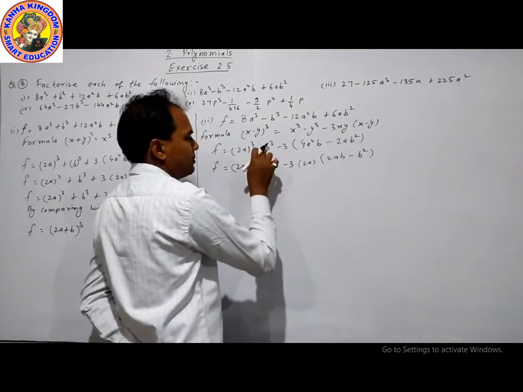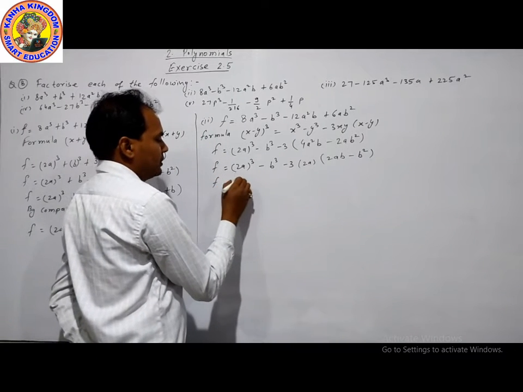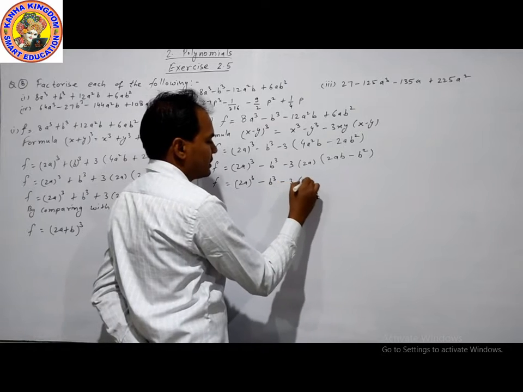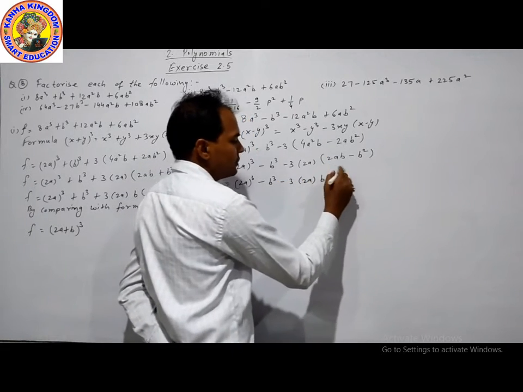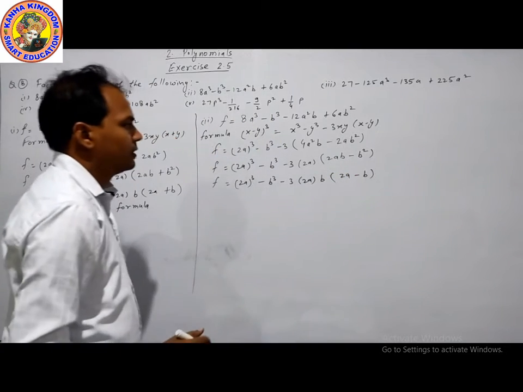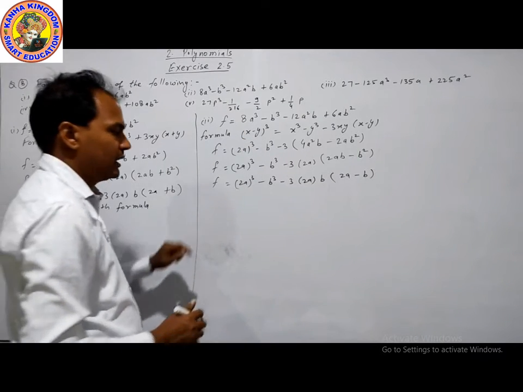Now taking y as a common, y is b. Now taking b common: 2a cube minus b cube minus 3, 2a. Now taking b common, 2a minus b. Now comparing the equation with our formula.